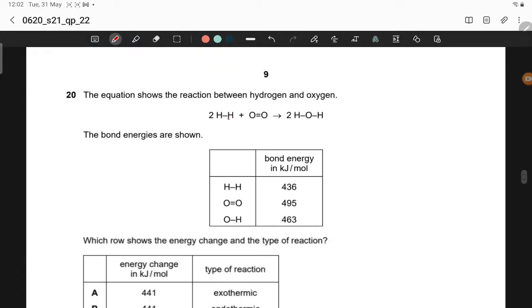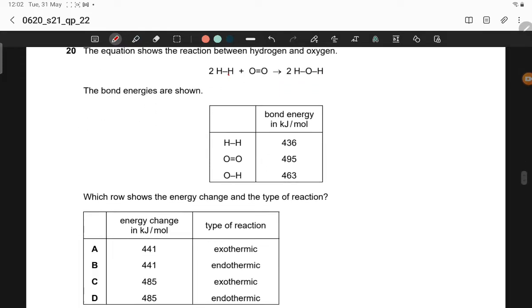Question number 20, the equation shows the reaction between hydrogen and oxygen. The bond energies are shown. Which row shows the energy change and the type of reaction? Delta H is equal to bond energy of reactant minus bond energy of product.